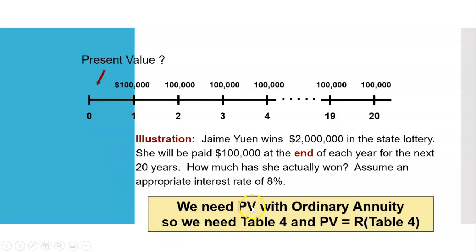Okay, so in this case, we need the present value. It's an ordinary annuity, meaning it's coming at the end of each period. So we need table 4, and our formula is PV equals R times table 4. So in this case, our PV is the question, equals R, which is 100,000, times table 4. Okay, this is once a year, so we'll use the 8% and 20 years.